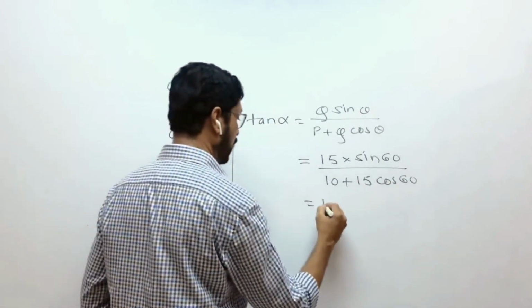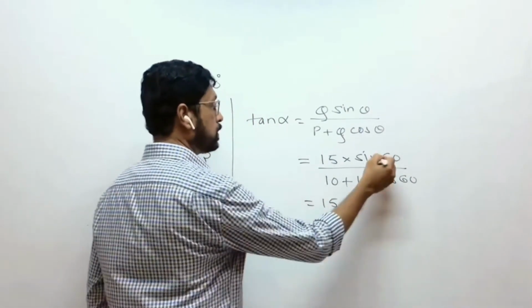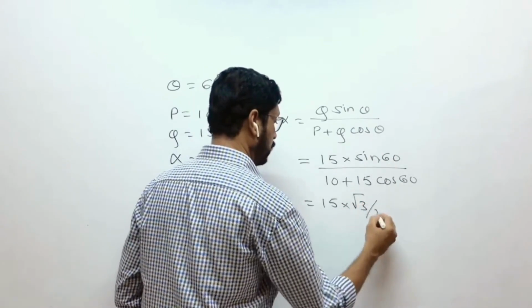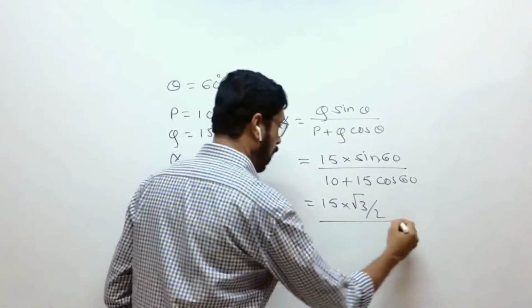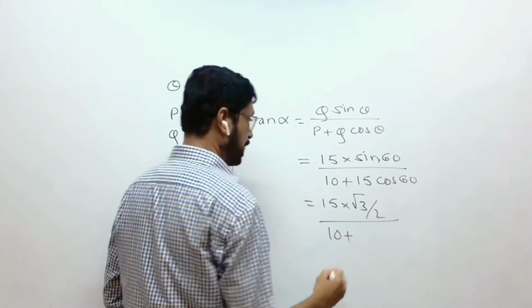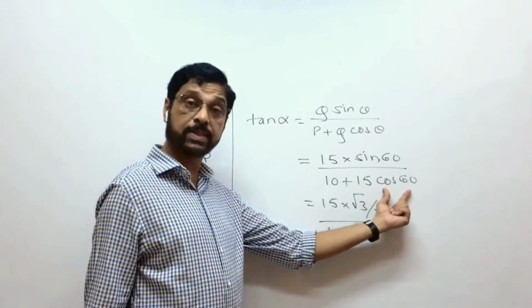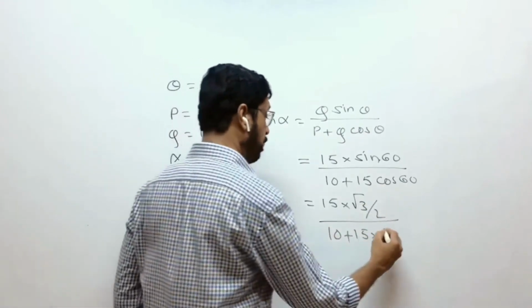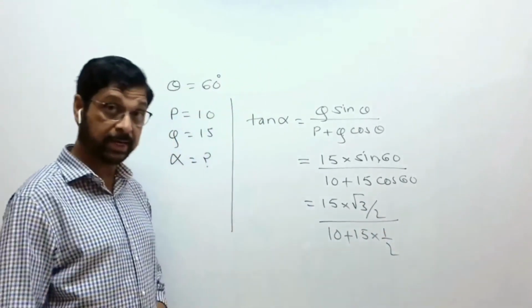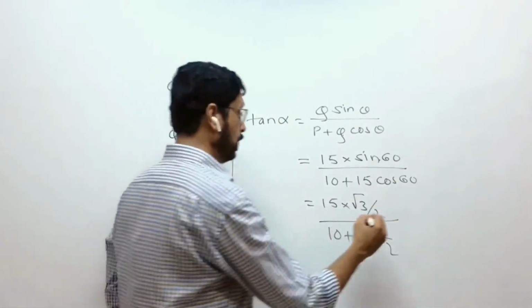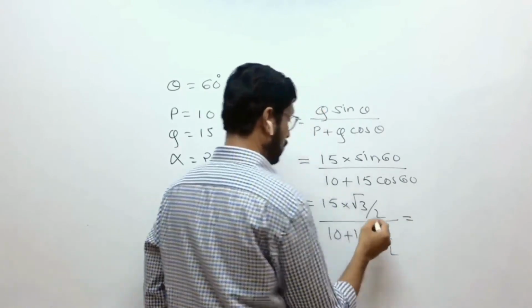That is equal to 15 into sine of 60 degree, which is root 3 by 2, upon 10 plus 15 into cos of 60 degree, which is 1 by 2. Am I right? What is the cos of 60 degree? 1 by 2.